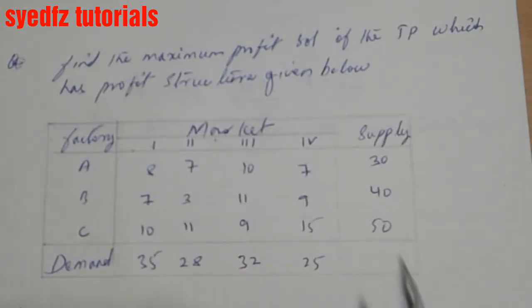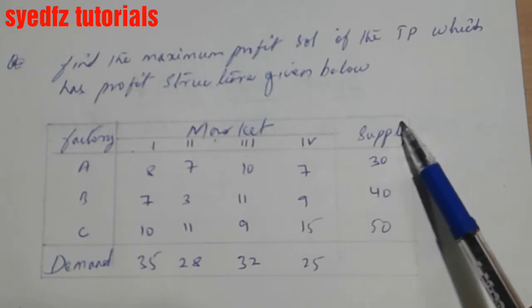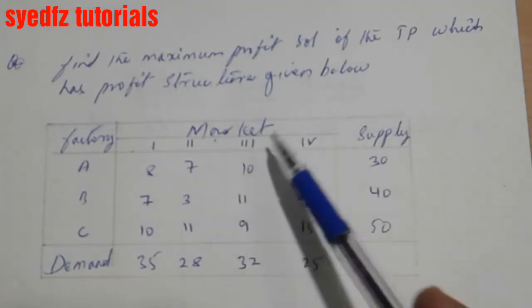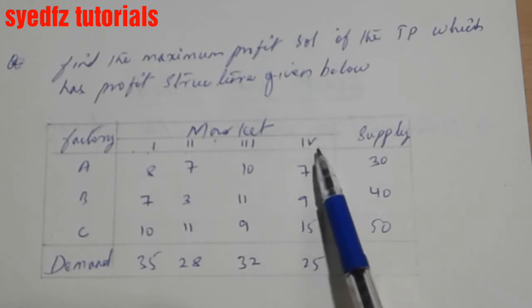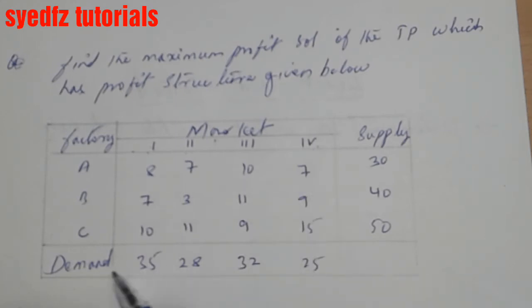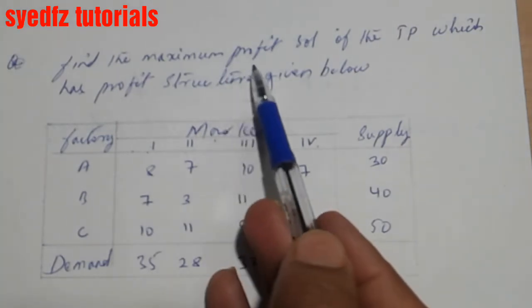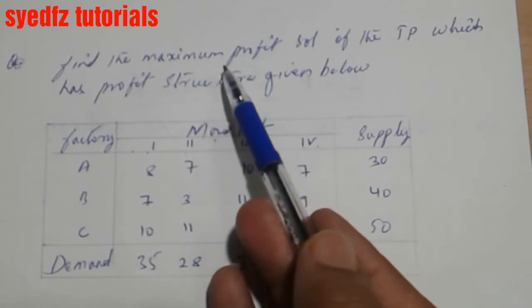This is the structure where all the demand and supply is given, the market demand, the first, second, third, fourth. Demand is also given, supply is also given. What we have to do is calculate the profit and maximize the profit.